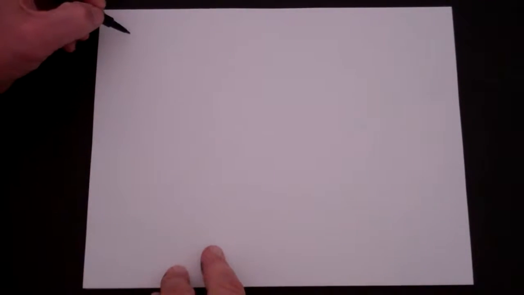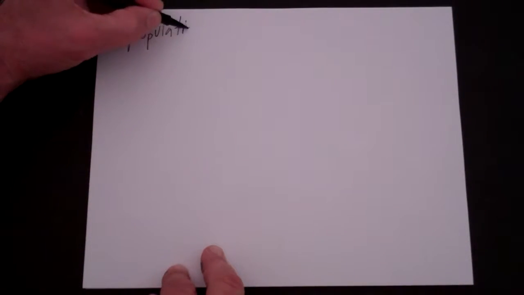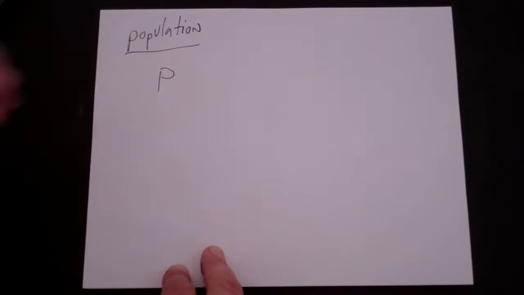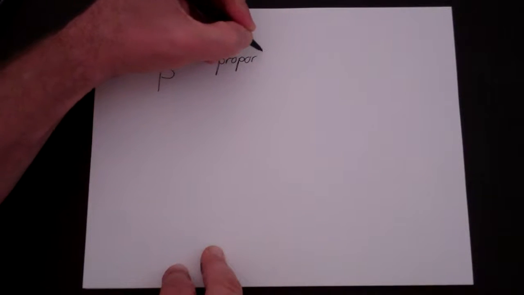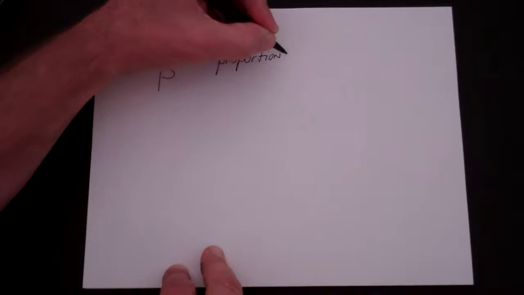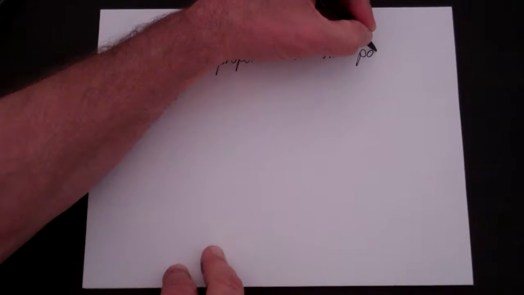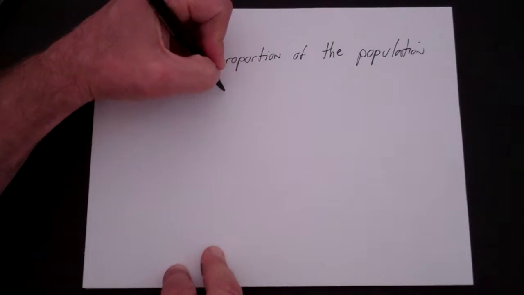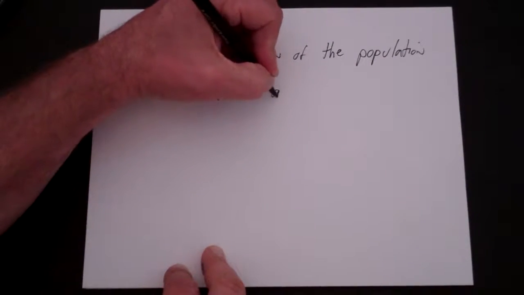Let's say we have a population, and there's some number p, which is the proportion of the population, or the percentage of the population, which we somehow define as a success.